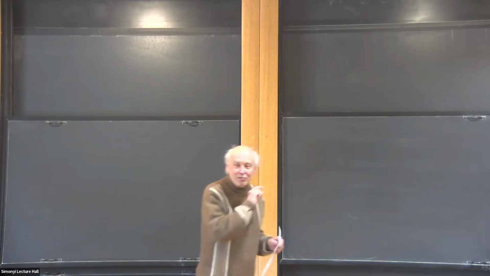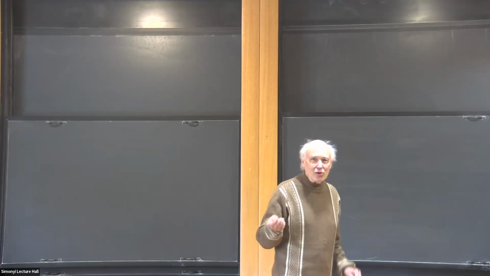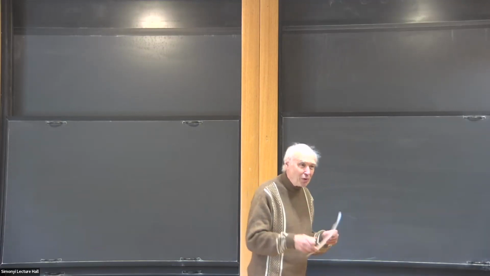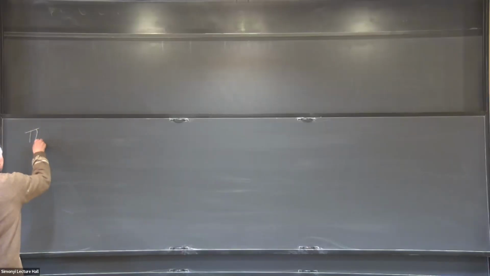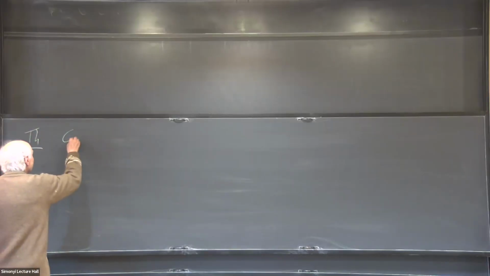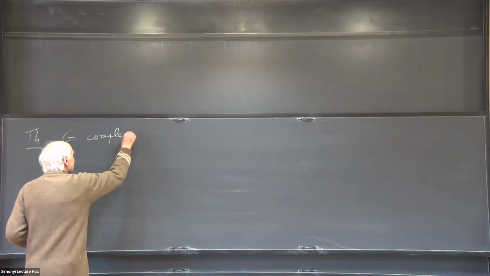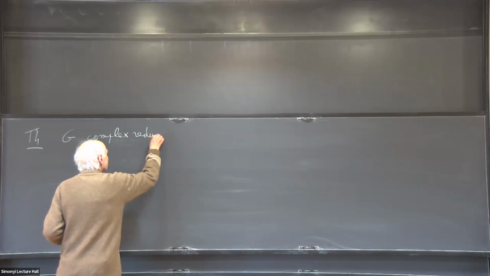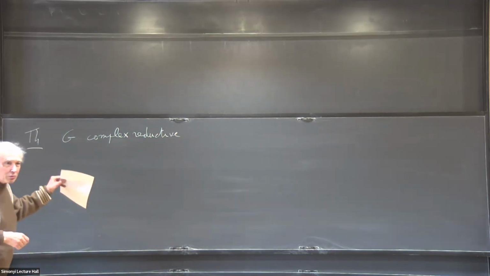So I will first state the theorem I want to explain. It's a theorem of Serre with some complement due to me. So here it is. Take a complex reductive group. And by reductive, I include connected.